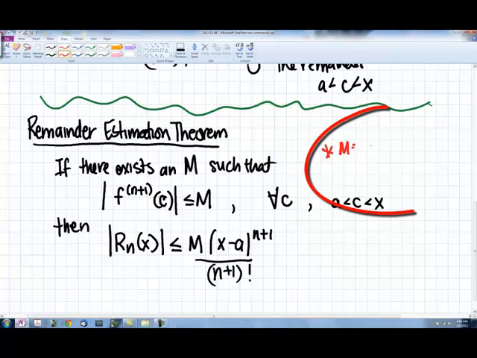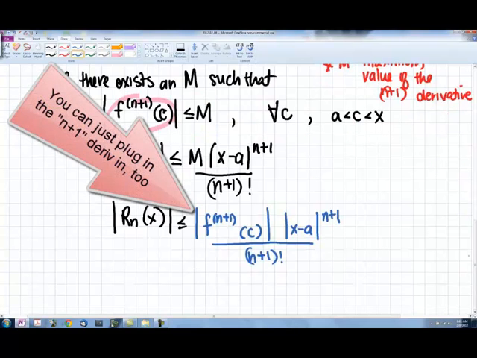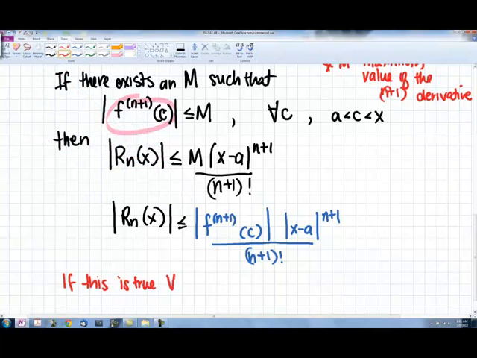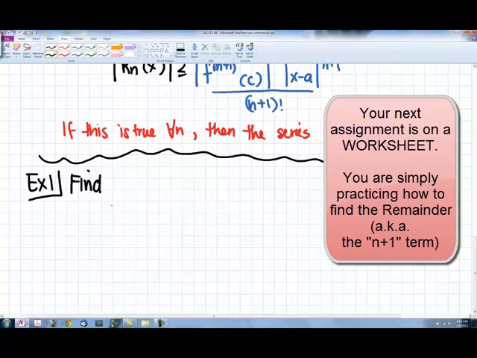M is what we refer to as the maximum value of the n plus 1 derivative. So what this says, what this is used for, is if this is true for every n, then our series is going to converge to whatever your f of x is. So let's do some examples. For now, let's just try and see if we can calculate it.